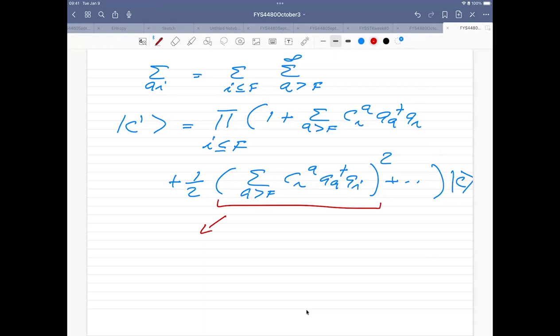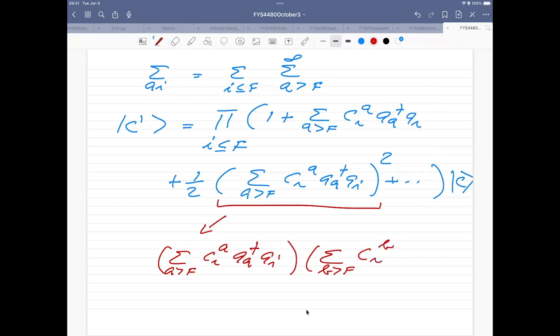We are going to have a term which is the sum over A larger than F, and then I have a C_iA of a†_A a_i, and this is multiplied with a new term. And since I'm squaring it, and the summation runs over the indices A, I have to make a distinction here so that I have a subscript B as well.